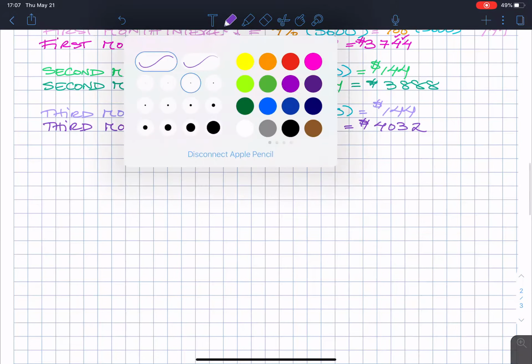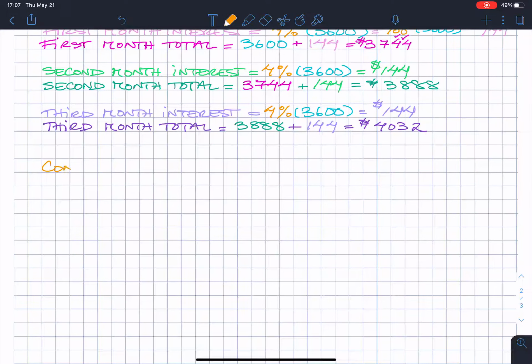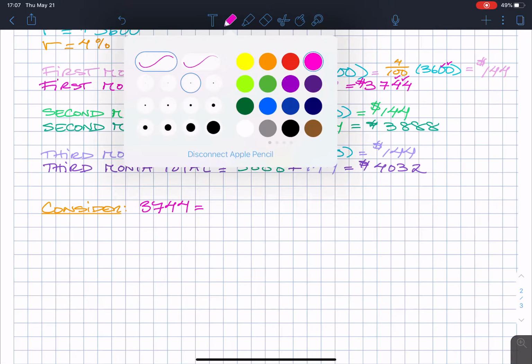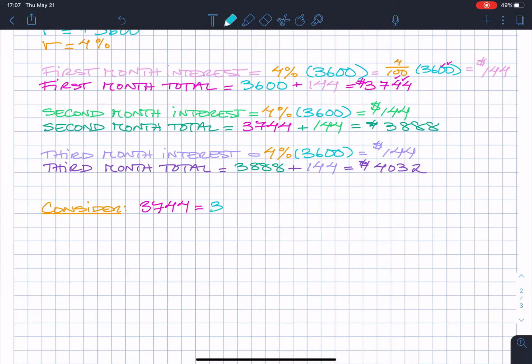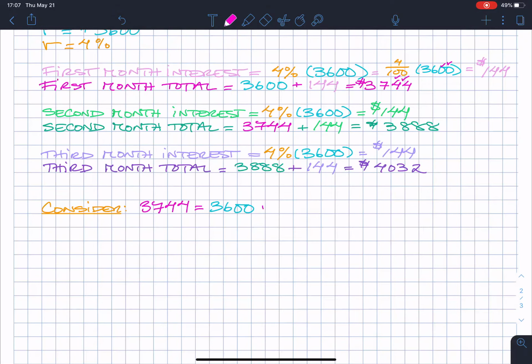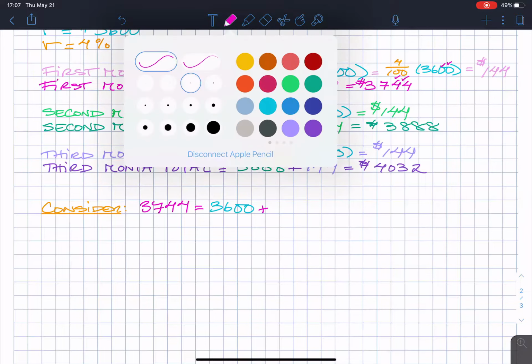Okay. Well, let's consider what we did here. What were our amounts? So the first month total we had $3,744. What was that really? That was $3,600 plus $144, right?